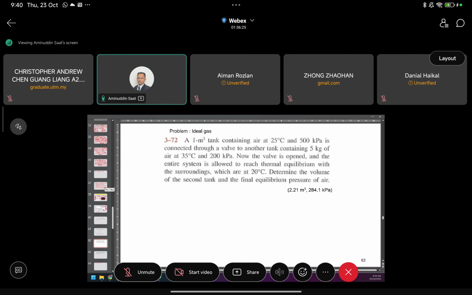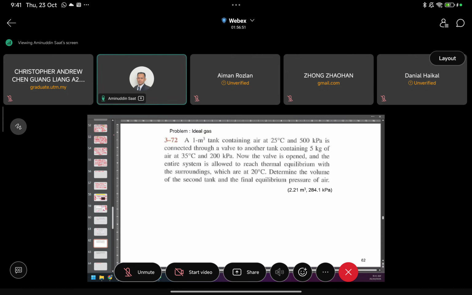This is a 1 meter cube tank containing air at 25 degrees Celsius and 500 kilopascal. To solve the problem of ideal gas, you just need the ideal gas equation.